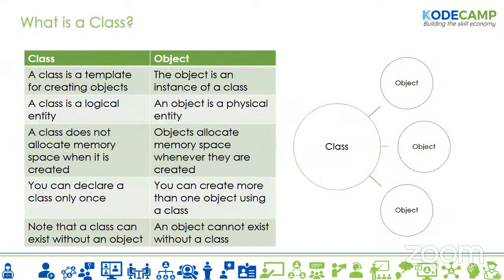Now, what is the basic difference between a class and an object? So a class is a template for creating objects, while the object, on the other hand, is an instance of a class.